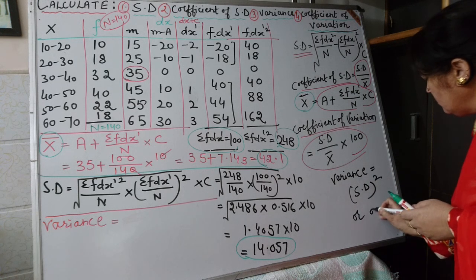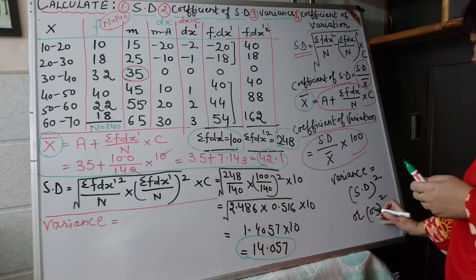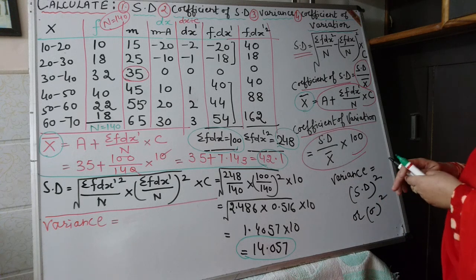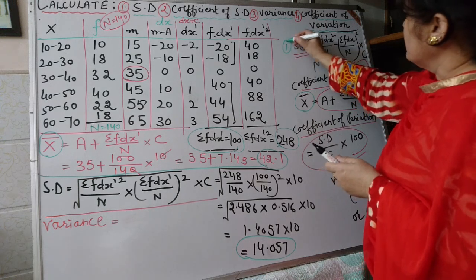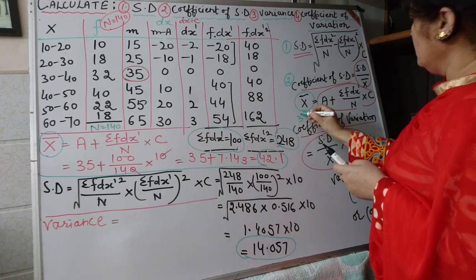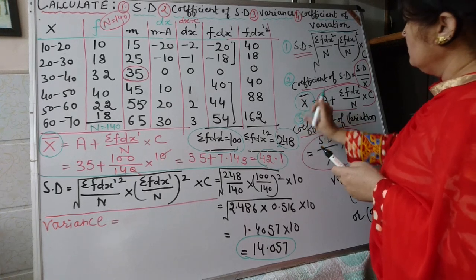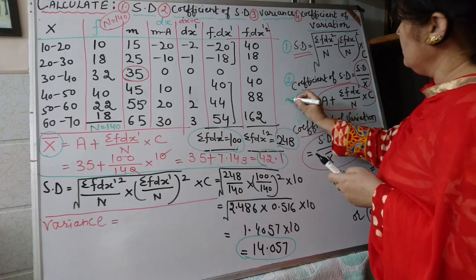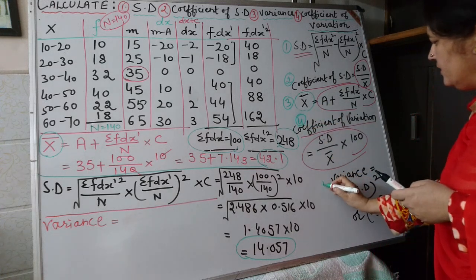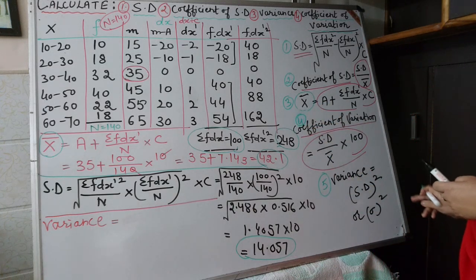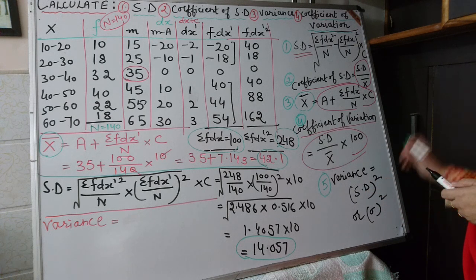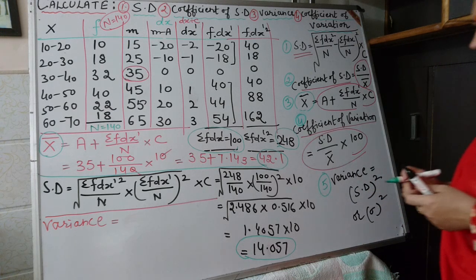So here we have written down number 1 standard deviation, number 2 coefficient of standard deviation, number 3 arithmetic mean, number 4 coefficient of variation, and the last one is variance. Variance can be calculated from the standard deviation by taking its square.